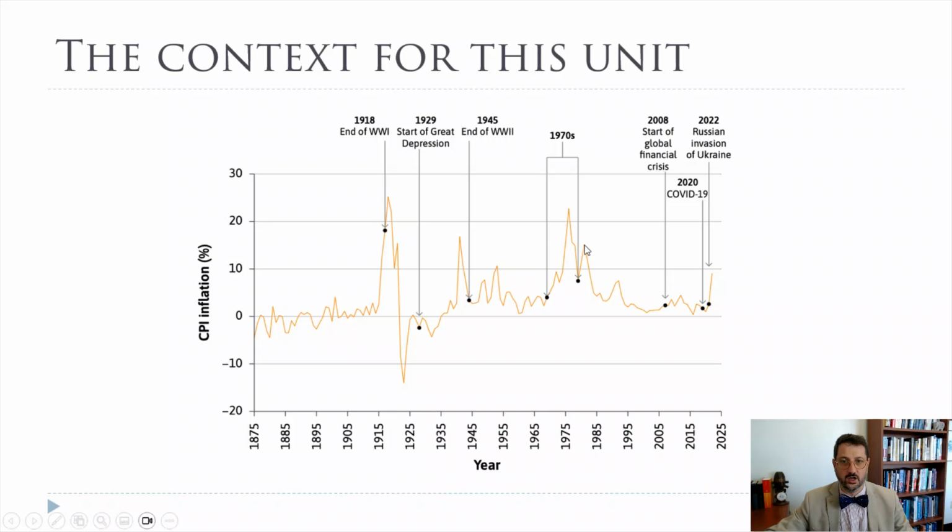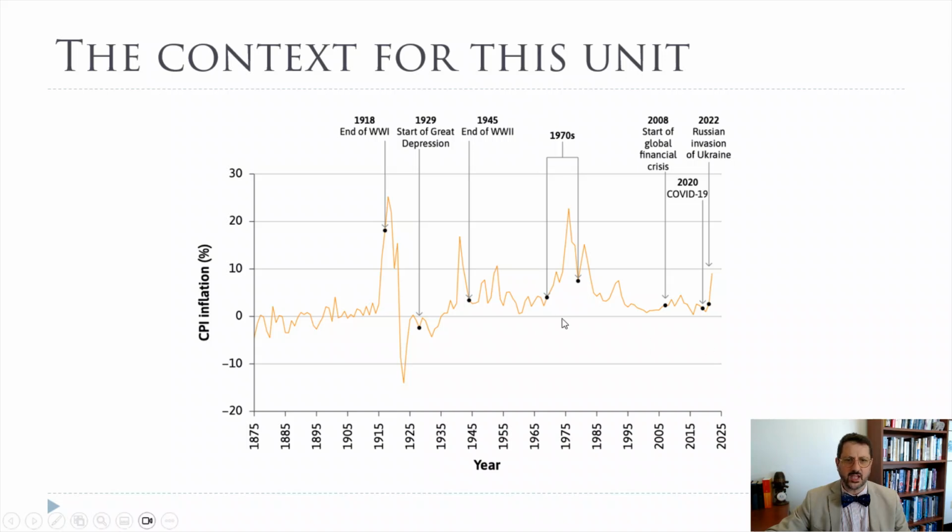We saw a spike of inflation both during and then right after World War I, that then cratered, and prices dropped back down. In the Great Depression, we actually saw a lot of deflation. Deflation is where we have negative inflation, so prices are going down. We'll talk about the problems with that.